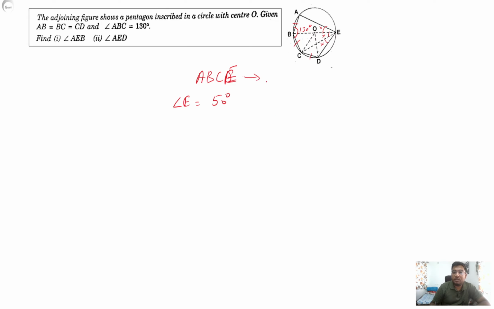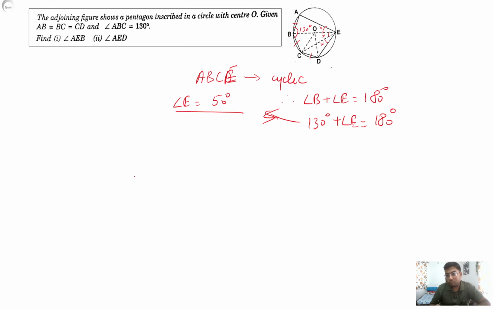So I will write the reason here. ABCE is cyclic. Therefore, angle B plus angle E should be 180 degrees. Therefore, 130 plus angle E is 180. And from there, you will get angle E equals 50 degrees.